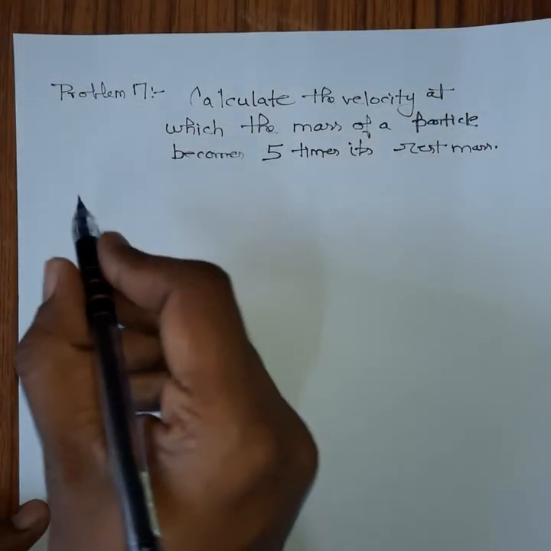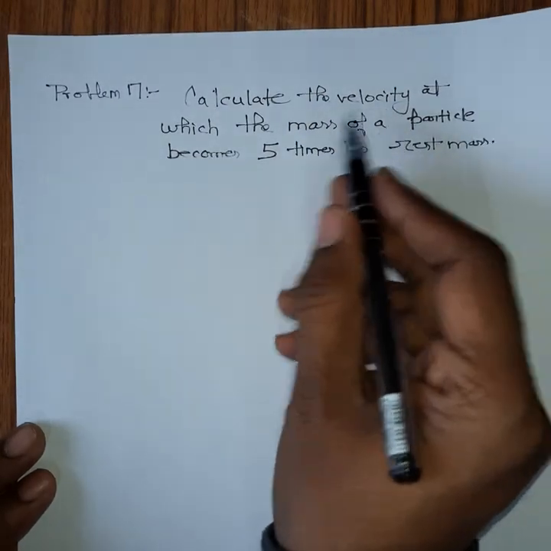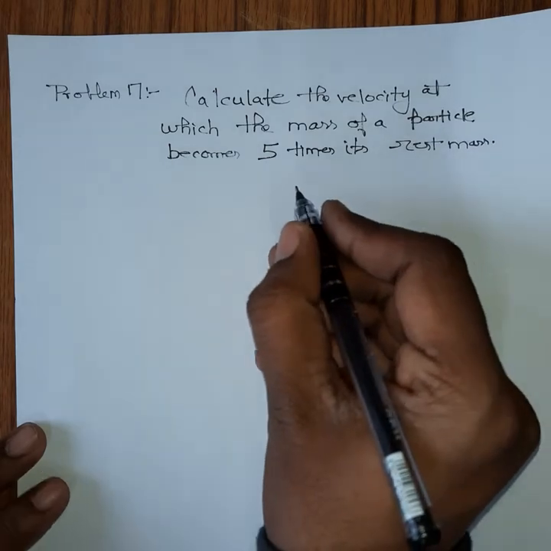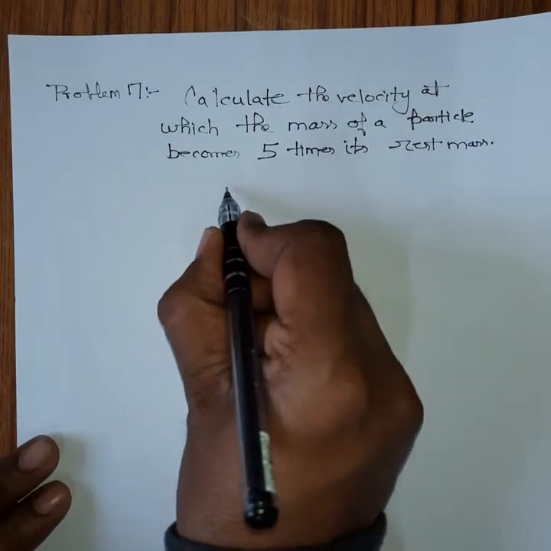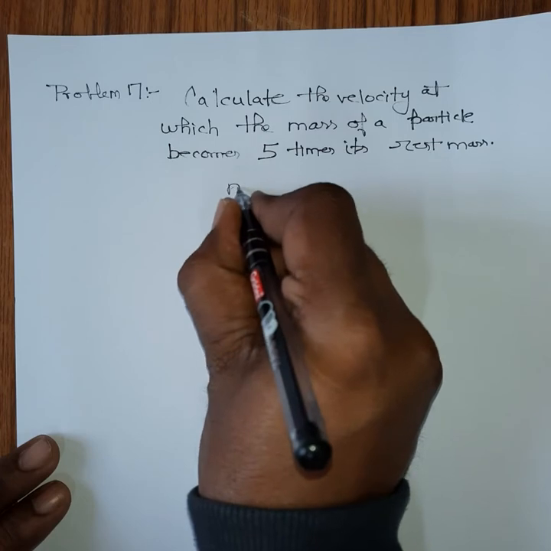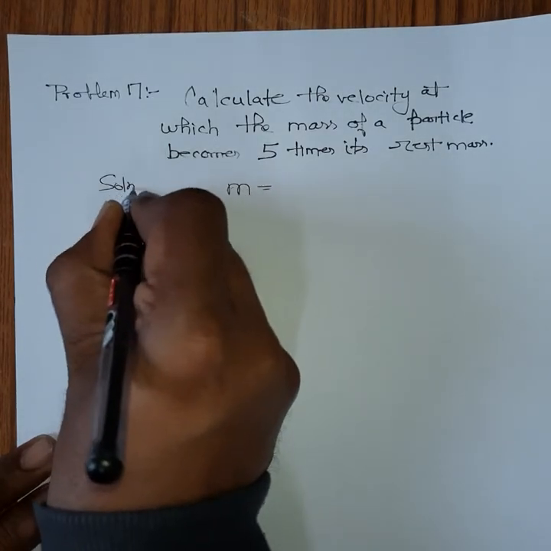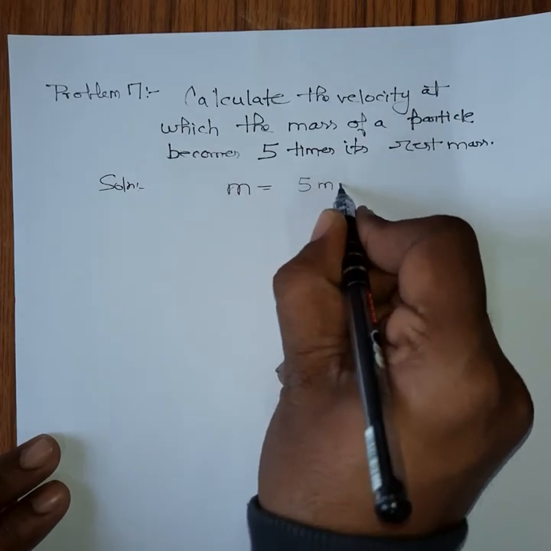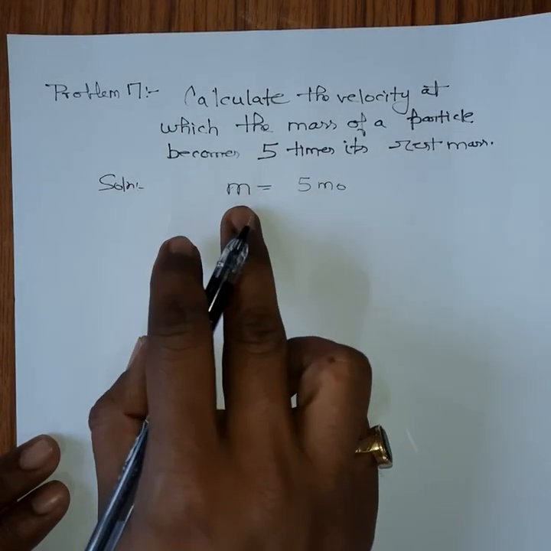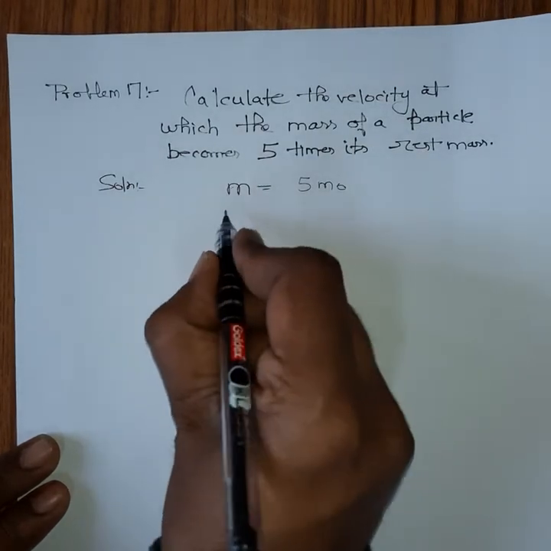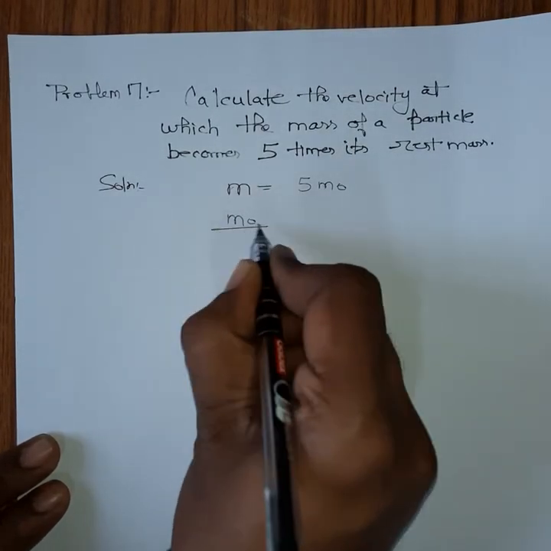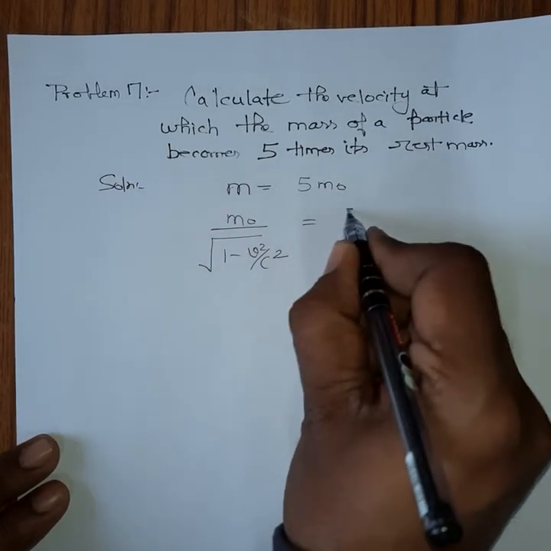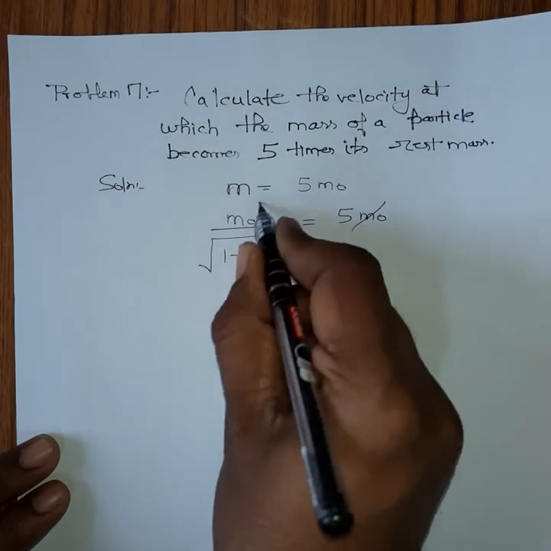Now let's do our next problem: calculate the velocity at which the mass of a particle becomes 5 times its rest mass. It is given that the mass of the particle becomes 5 times its rest mass. So we have to calculate at what velocity this is possible. You know m0 divided by square root of (1 − v²/c²) is equal to 5m0. m0 will cancel.